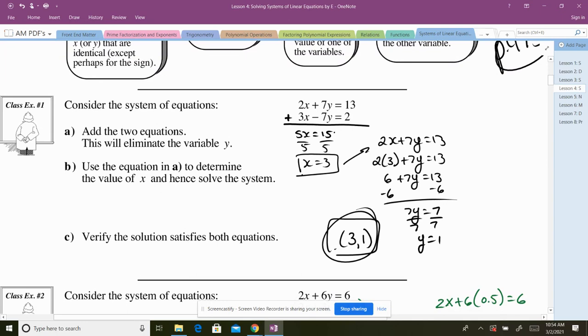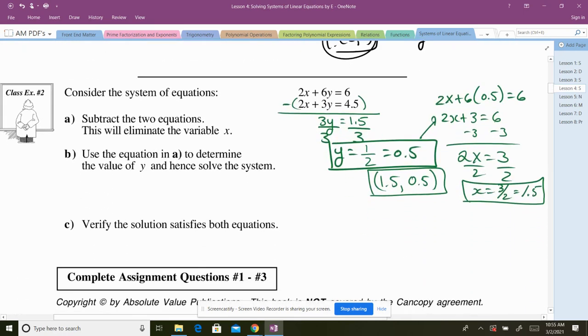So if I add them together, 7y minus 7y is no more y's. You want to make one of the variables go away. Well, then it's a different problem. Then it doesn't make any sense. And it's the same equation, usually.